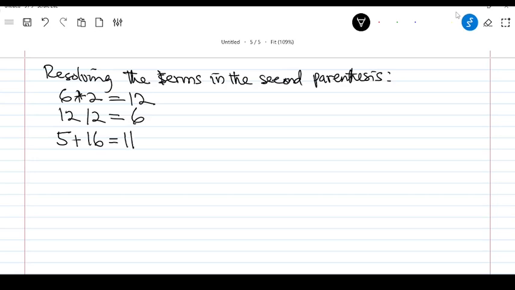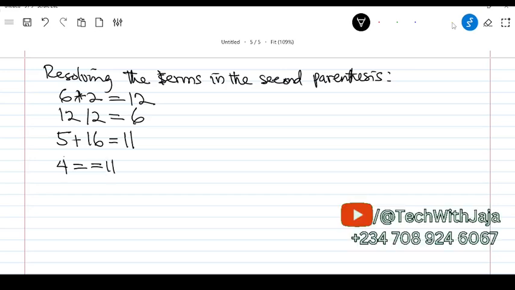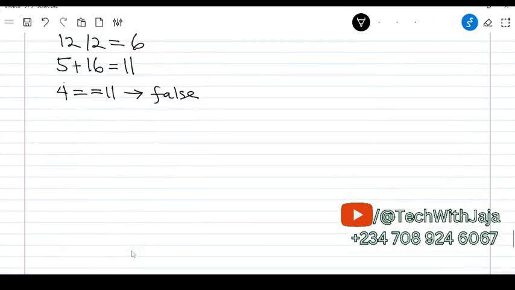And so the next thing we're going to do is say 4 is equal to 11, and this is a comparison operator. So 4 is actually not equal to 11, and so this is going to give us false, right? So false.